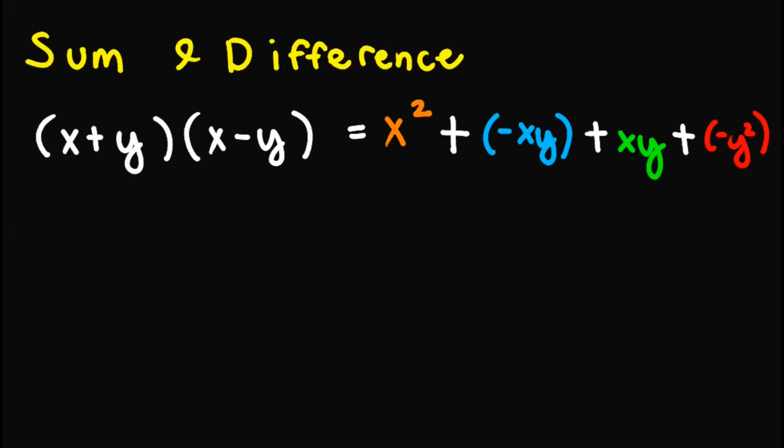And observe that in the middle, these two would cancel out, leaving us with x squared minus y squared.